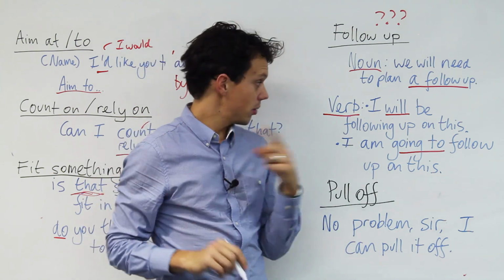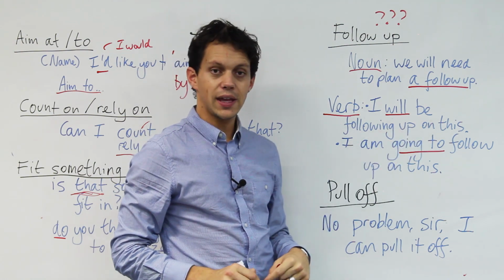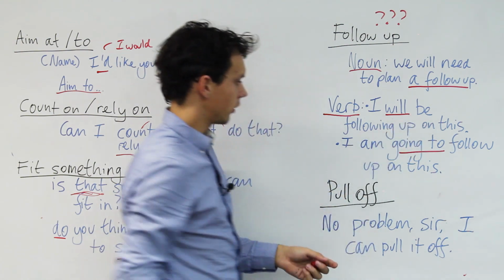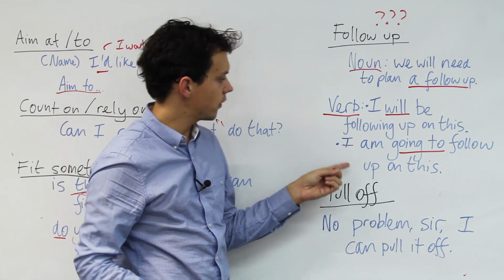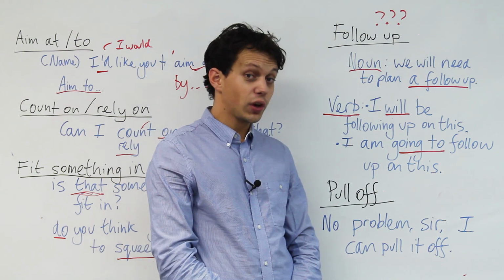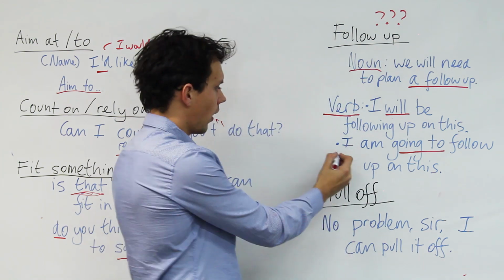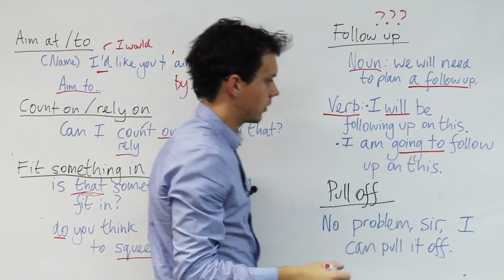I say to Bob, I will be following up on this, okay? Future tense with will. Or another way of saying it, again in the future, Bob, I am going to follow up on this.